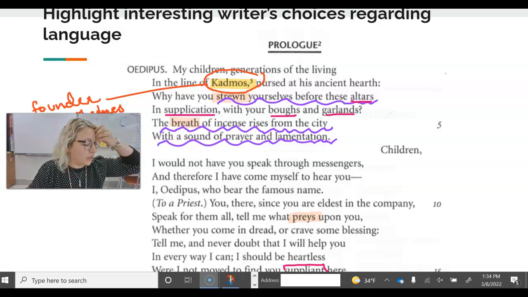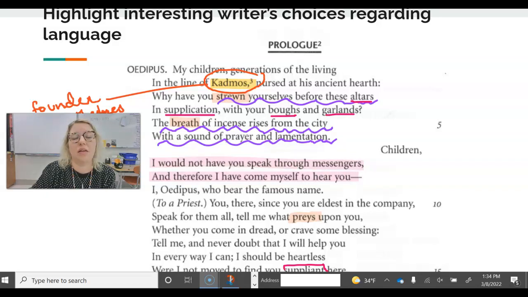What else we got? How about tone? What are some good words or phrases that show tone? I like, "I would not have you speak through messengers, and therefore I have come to hear you myself. I, Oedipus, who bear the famous name." So his tone, what is his attitude here?